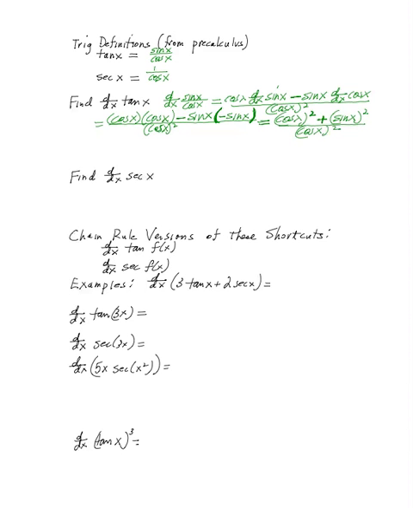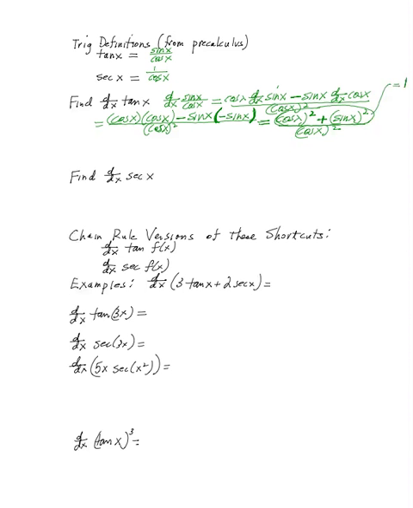The cosine of x quantity squared plus the sine of x quantity squared is equal to 1. The cosine of something squared plus the sine of that thing squared is always 1. So I can replace that numerator with 1. That's an identity from trig.